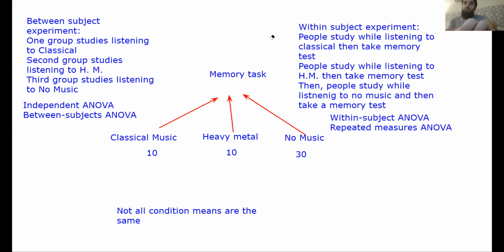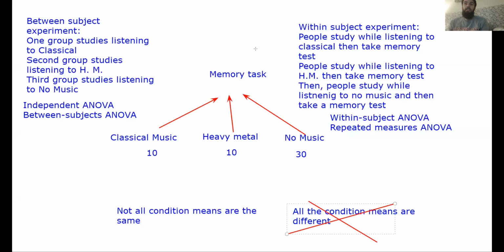I wrote that wrong. This is not the alternative hypothesis. The alternative hypothesis is not that all the condition means are different. The alternative hypothesis is that they're not all the same. It could be the case that one mean is different than the other two means, which are exactly the same.